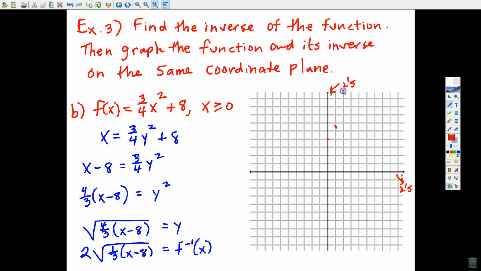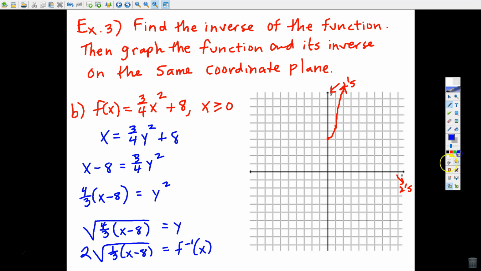Puts us right here. Okay, so it's just this half of the parabola. Okay, so that is the function f of x with this domain restriction.